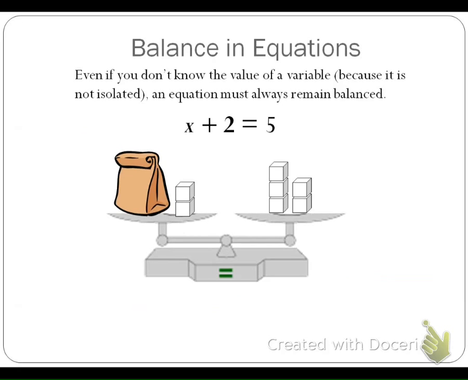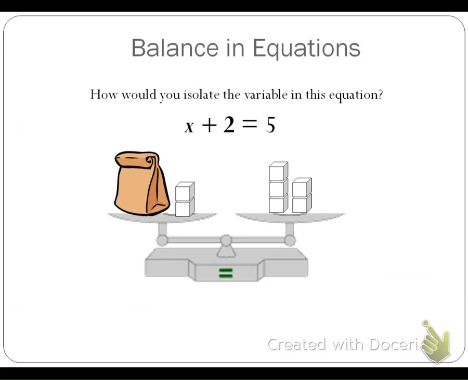But even if you don't know the value of a variable because it's not isolated, an equation must always remain balanced. Here we have the equation x plus 2, the bag and 2 blocks, is equal to 5, or the 5 blocks. Notice our scales are level or balanced.